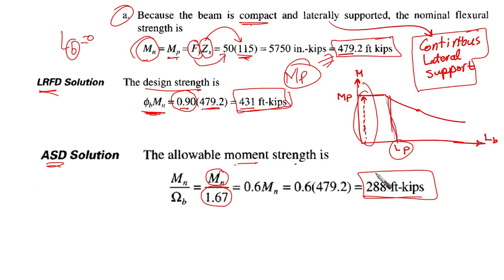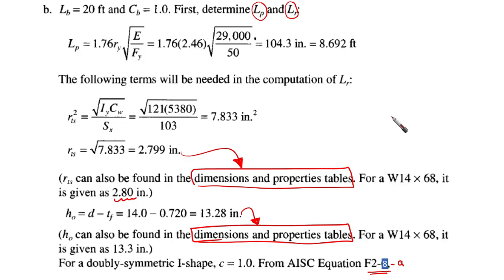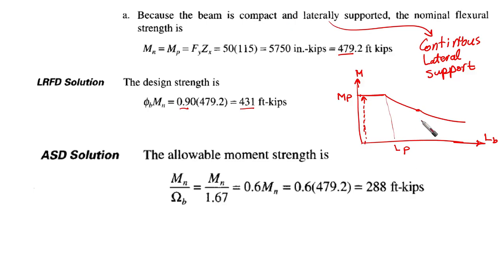Let's go to the next part, which is requirement B, where L_b equals 20 feet and C_b equals 1. So first of all, we want to check where L_p and L_r are. What are our limits? We want to know where L_p and L_r are, so we need to calculate them.